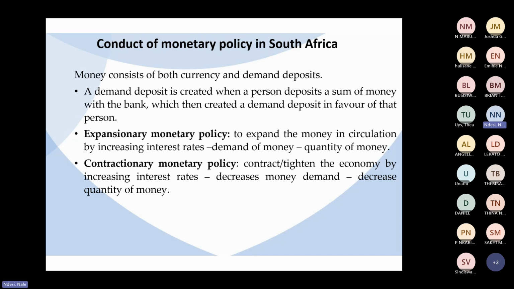Money consists of both currency and demand deposits. Let's look at a little background of how money is created. Money is created by banks when a loan is approved and a demand deposit is created against that loan.